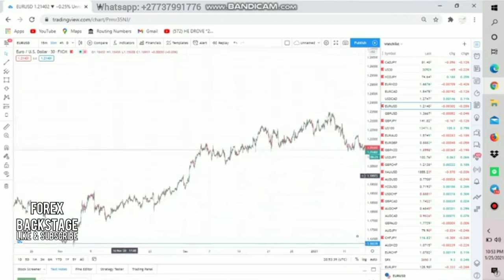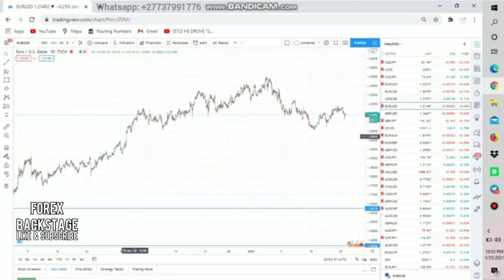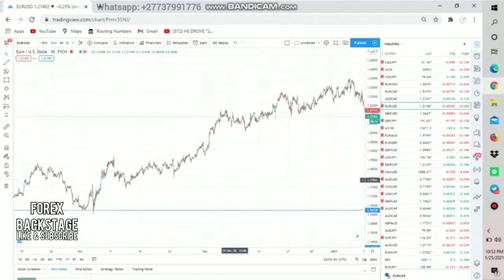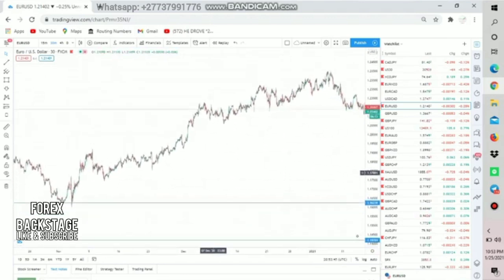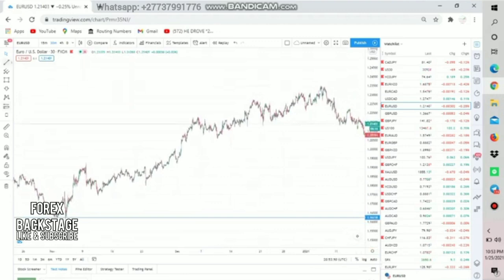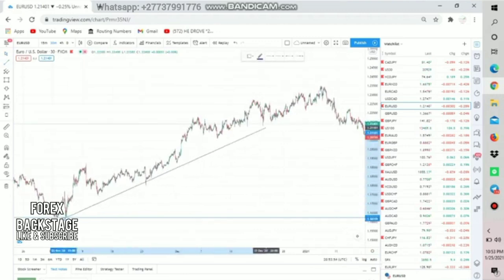So here what I'm going to do is draw support, resistance, and support trend line, and resistance trend line. You understand what I'm saying? So I'm going to start with my support. I'm going to connect these areas, as you can see.